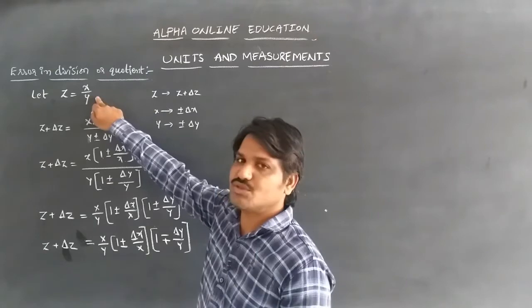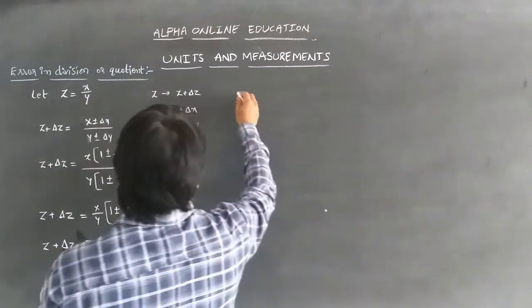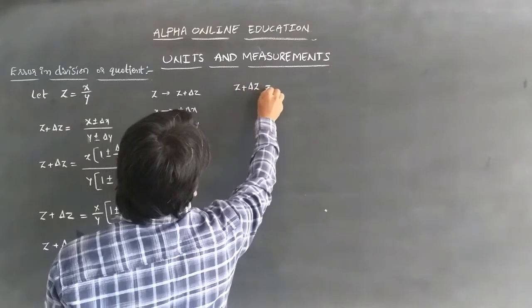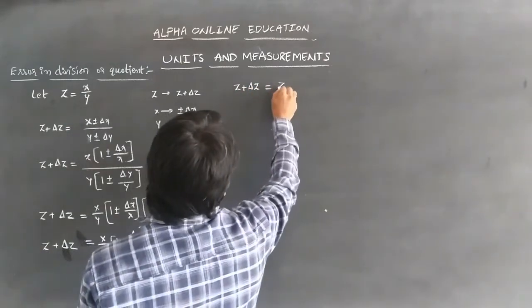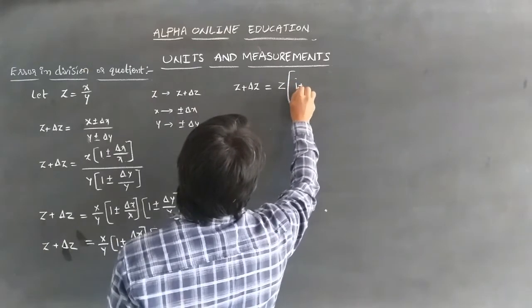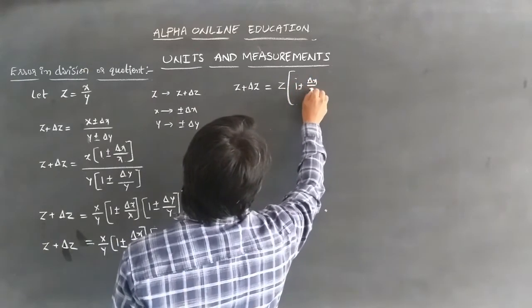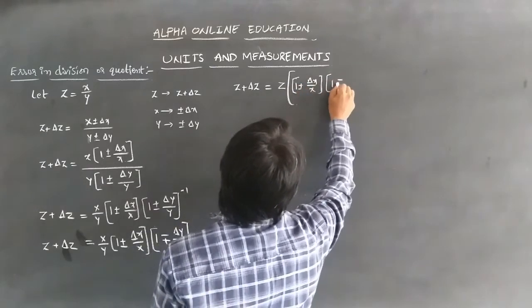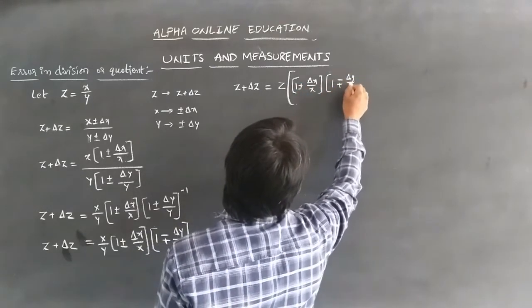So we can write z plus delta z is equal to z into 1 plus or minus delta x by x into 1 minus or plus delta y by y.